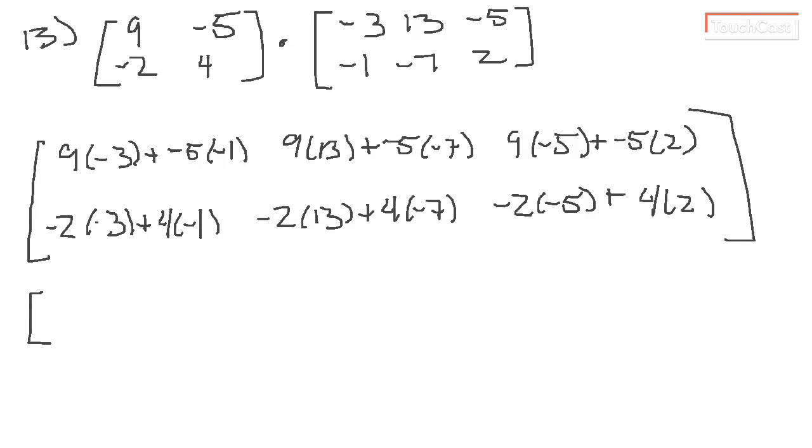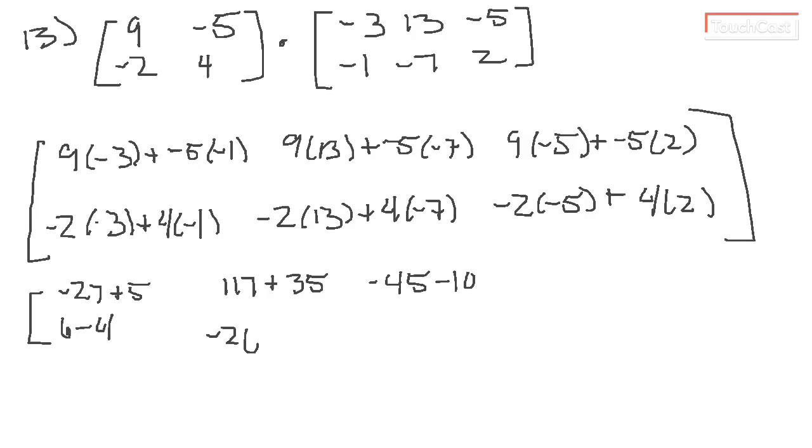Now we can do the multiplication. We're going to have negative 27 plus 5, 117 plus 35, negative 45 minus 10. And then in the second row, we're going to have 6 minus 4, negative 26 minus 28, and 10 plus 8.